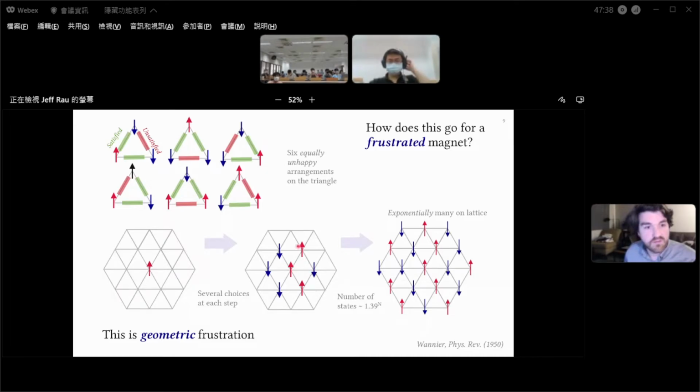Here on this first triangle, I have 3 different choices I could make. Here I've got 1 fewer. Here I've got another set I can make. And as I go out, I still find that I can keep making choices, right? No matter how many rows, rings of this lattice I fill out, I still have choices I can make to give sort of ground states of this lattice.